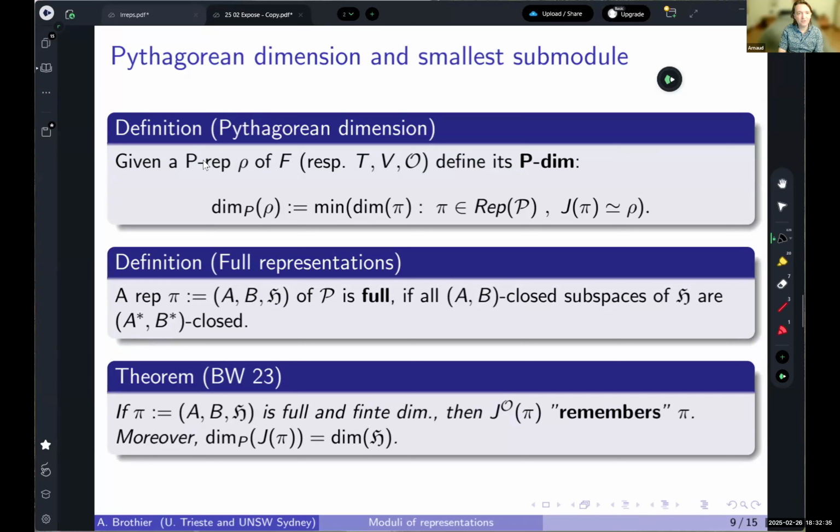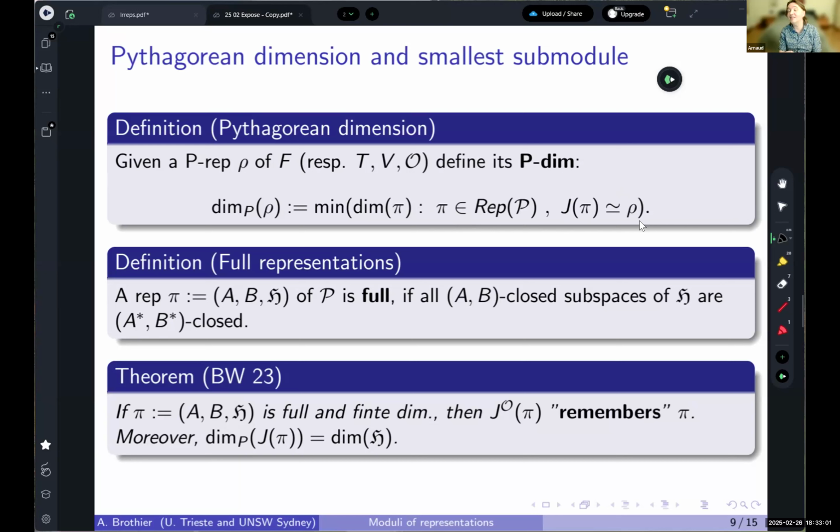But if you take the Pythagorean algebra, you have all kinds of representations. And you can use representations of P to define a new dimension function for the Cuntz algebra or for representations of F. So take a representation of the Cuntz algebra, and you look at all the pi such that they are sent to this representation.